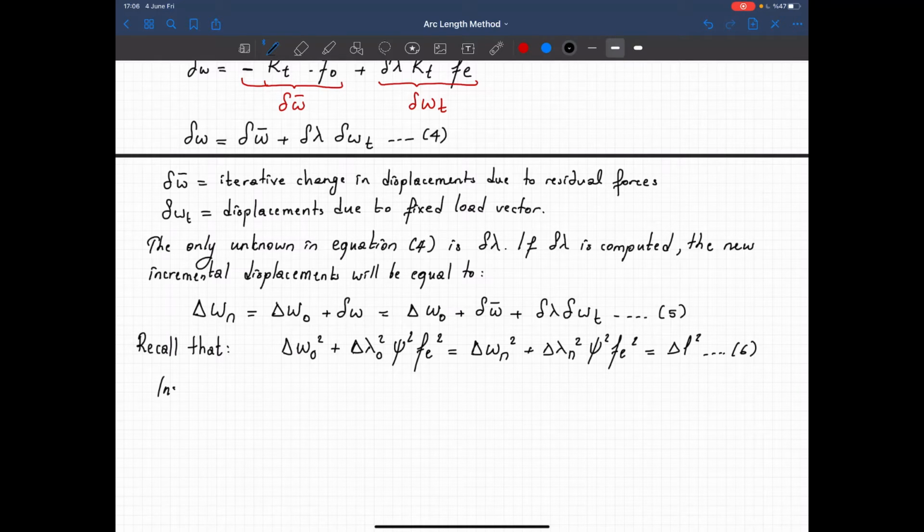Inserting equation 5 into 6 leads to the following quadratic equation.